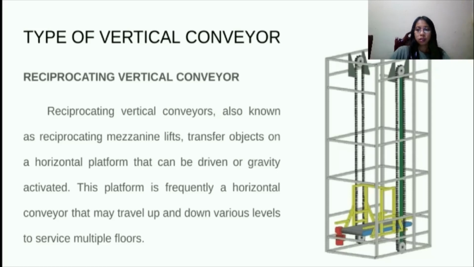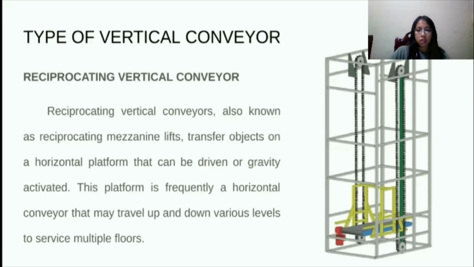Another type of vertical conveyor is the reciprocating vertical conveyor. A reciprocating vertical conveyor, also known as reciprocating mezzanine lifts, transfers objects on a horizontal platform that can be driven or gravity activated.